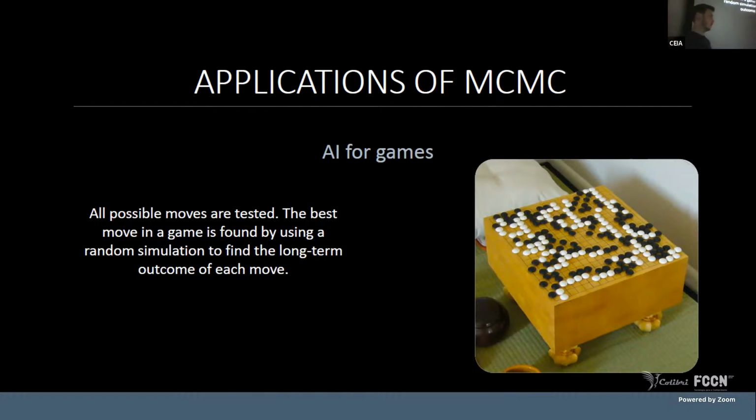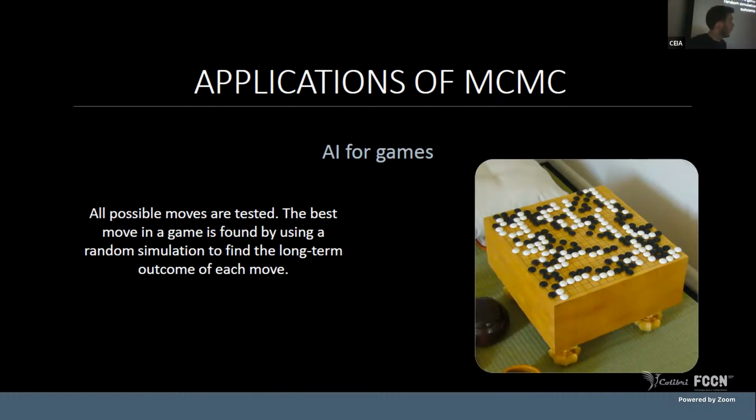And doing that, you can search for the best possible move. This game, just a curiosity, I think it's very cool. It's called Go. It has a 19 by 19 square matrix, and it actually has more legal moves than atoms in the entire observable universe, which I think is very, very cool.